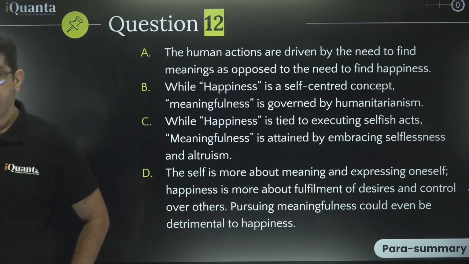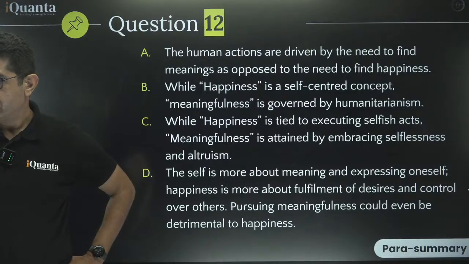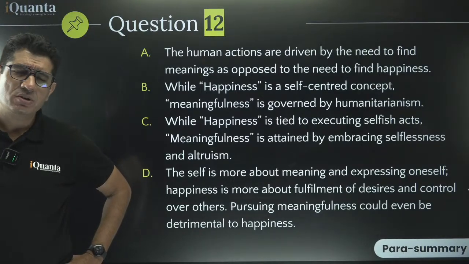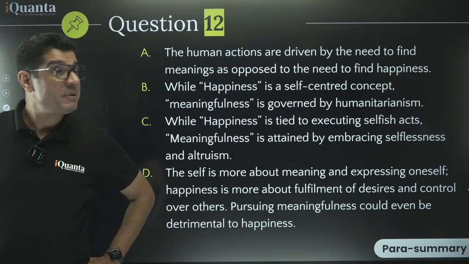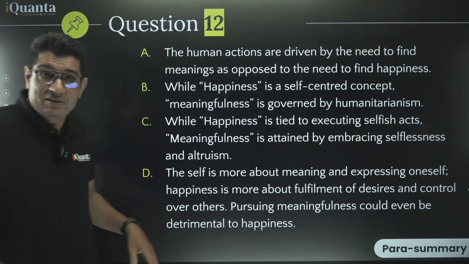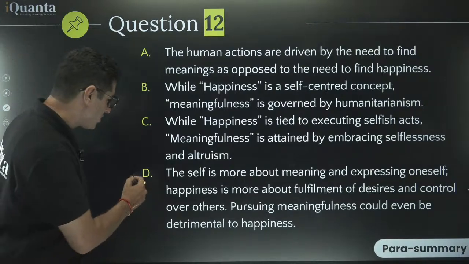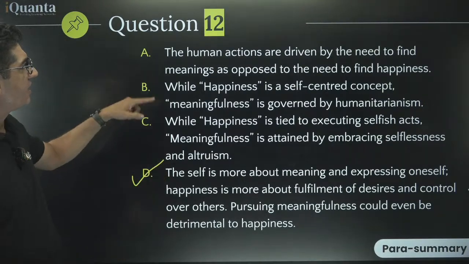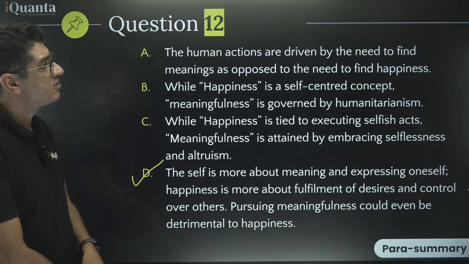Okay. So a lot of answers streaming in. That's nice to see. When you guys are able to answer a question in under 90 seconds, that somehow makes me very happy. And what makes me happier still is the fact that you guys have gotten it right. So D it is. I see one or two other options. So I see A. Let's look at A. The human actions are driven by the need to find meanings as opposed to the need to find happiness.